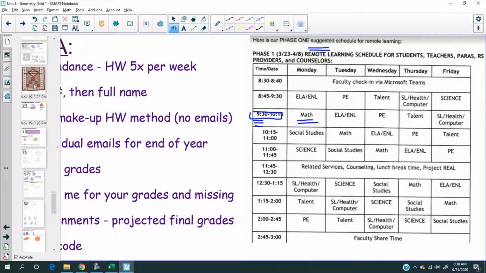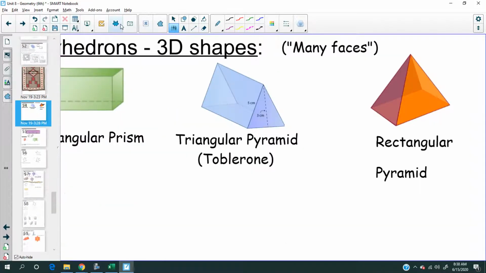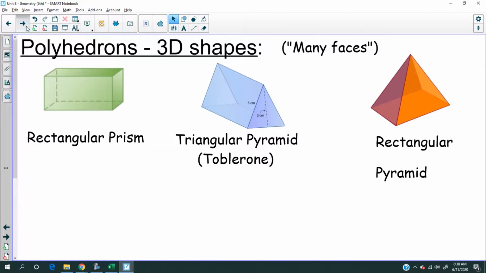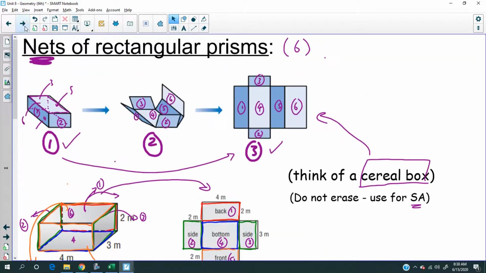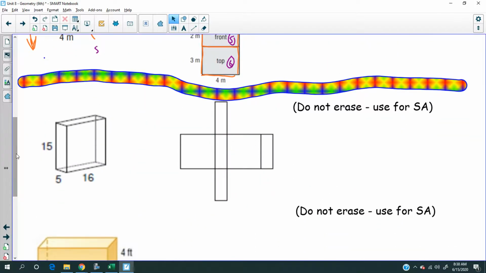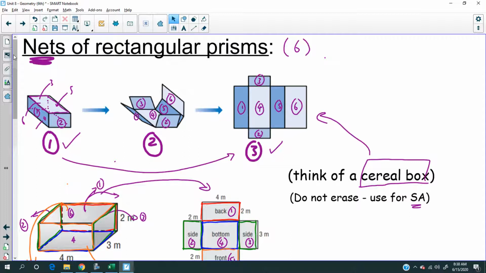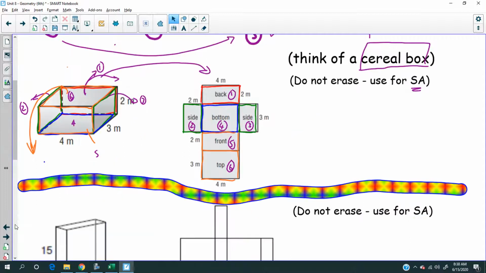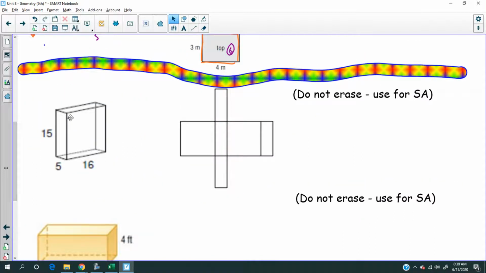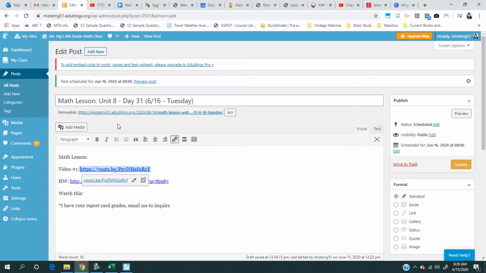Now, we stopped here yesterday, and I told you that we were going to do more of this today. But before you do that, let me show you a video. It's on my blog, and it's this video.